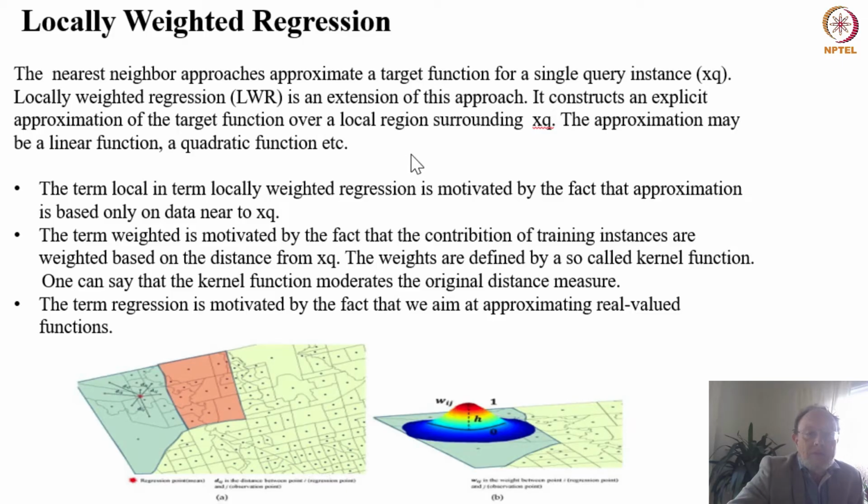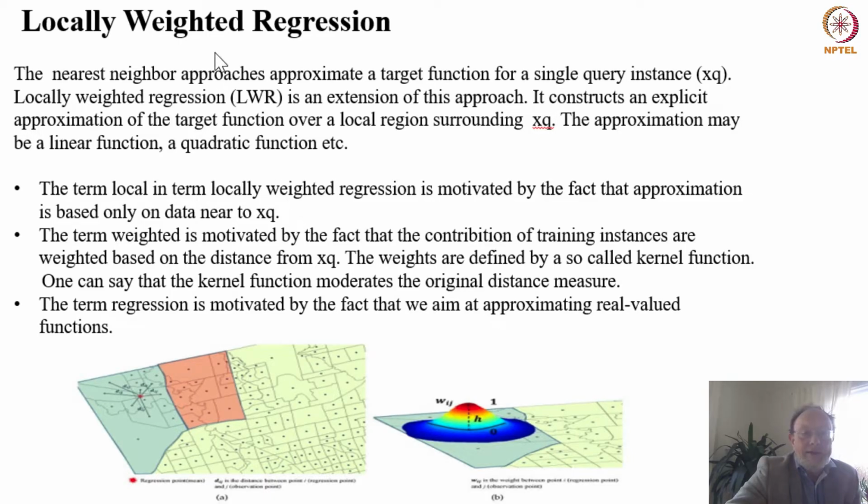If we look at the term, there is a reason why it's called local: we do regression not over the whole space, but based on data near to xq.